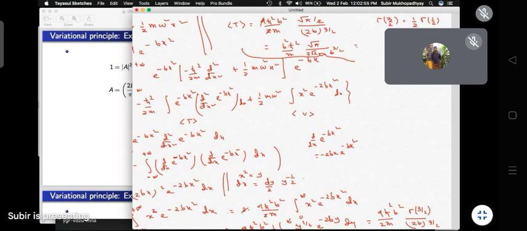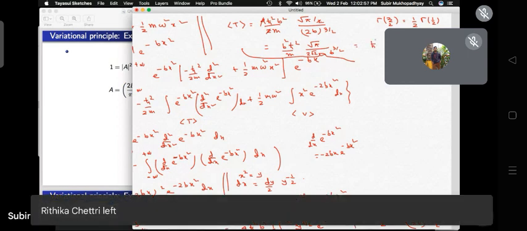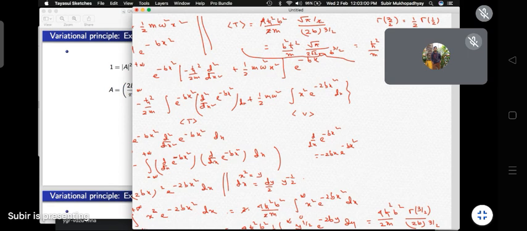That means we'll have an h bar square and we'll have an a. Other than that, this will give me a root b. So square root of pi b by 2.